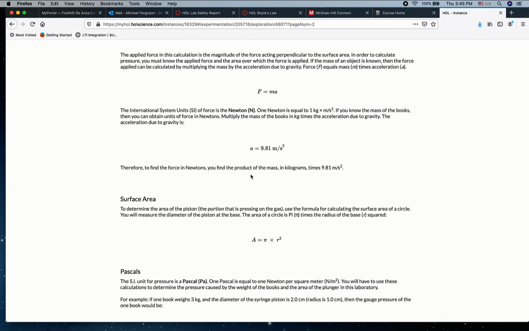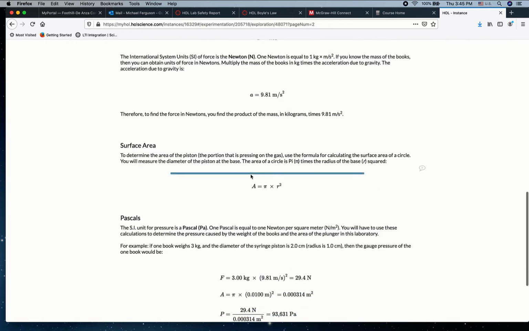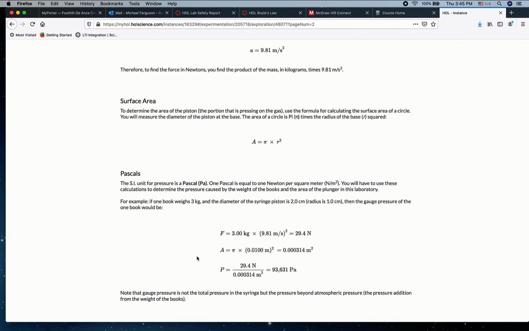The area of a circle is pi r squared, r being the radius, and the unit for pascal is newtons per square meter. The force in newtons is the mass in kilograms times the gravity of the Earth. So mass times acceleration is a force.